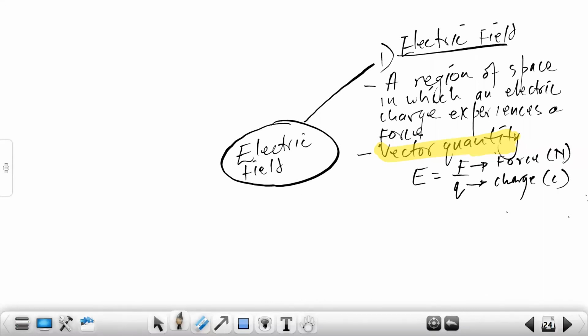So basically, the vector nature of the electric field is influenced by the force. So even if I am going to draw a free body diagram of the electric field, it becomes easy because I can only focus now on the force. So basically, the direction of the force influences the direction of the electric field.